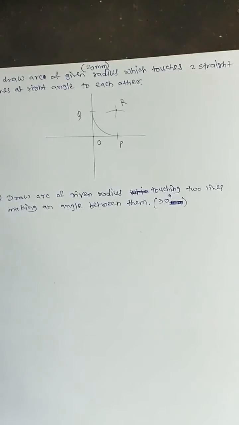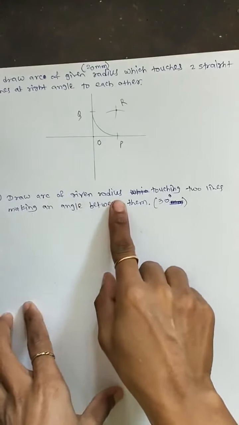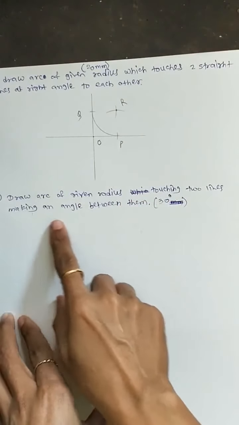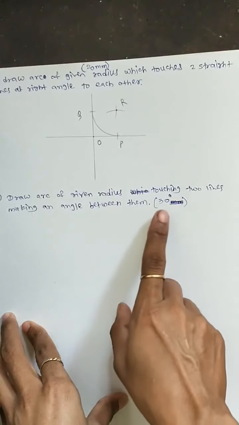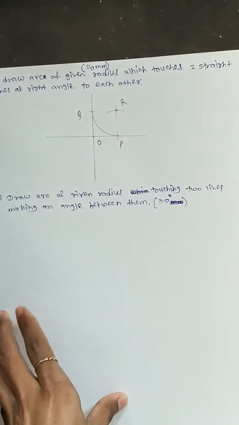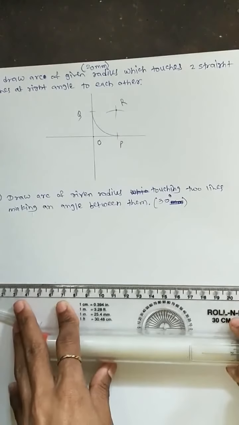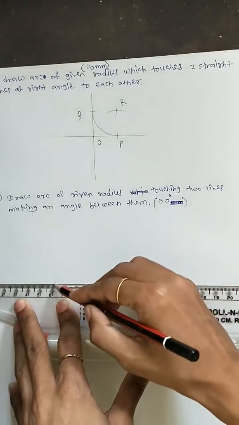Now next example we will take. Draw arc of given radius touching two lines making an angle between them. Say the angle between two lines is 30 degree. So first draw the two lines having 30 degree angle.